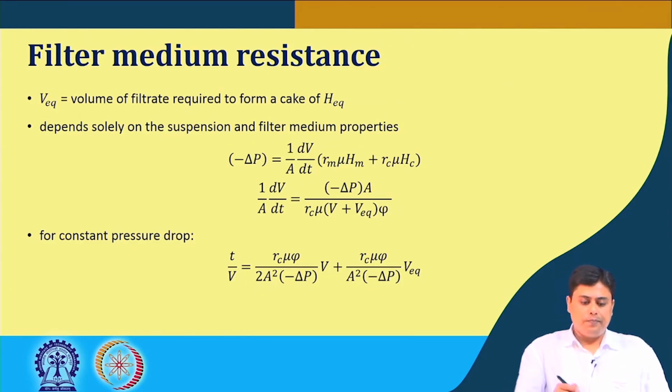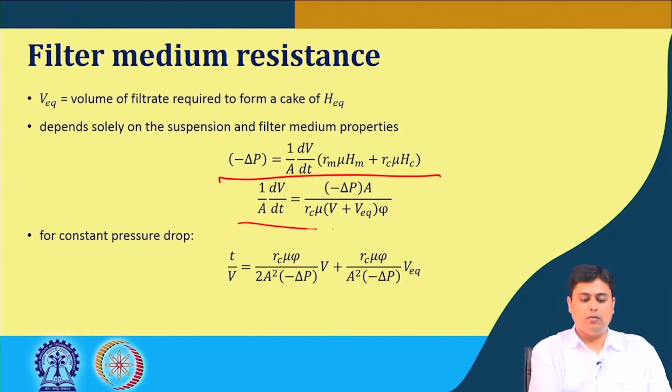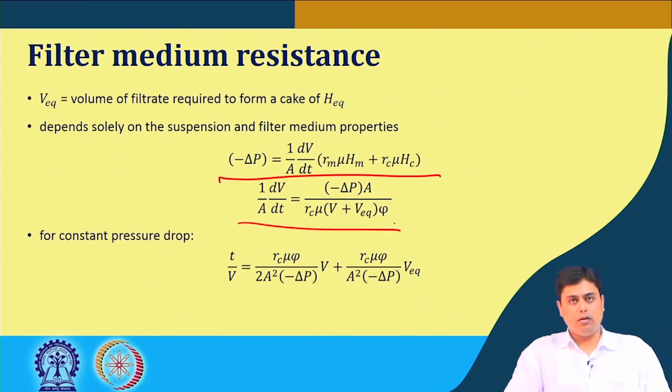By doing so, we have come up with the expression for pressure drop including the overall resistance that consists of medium resistance as well as the cake resistance, and we have also found the filtration rate.